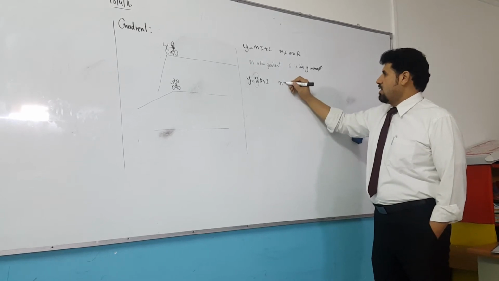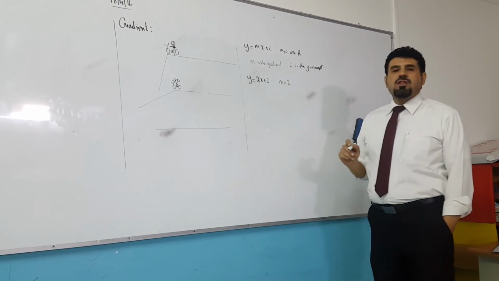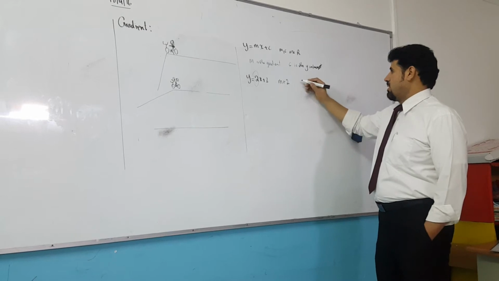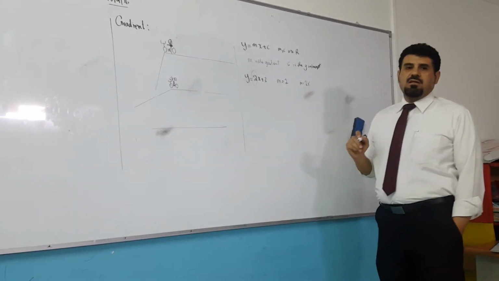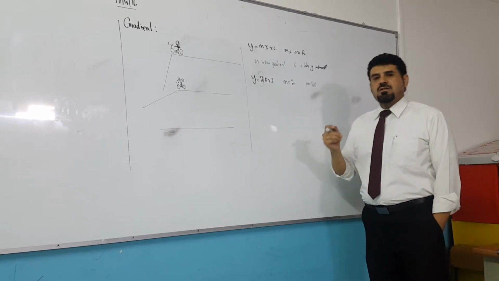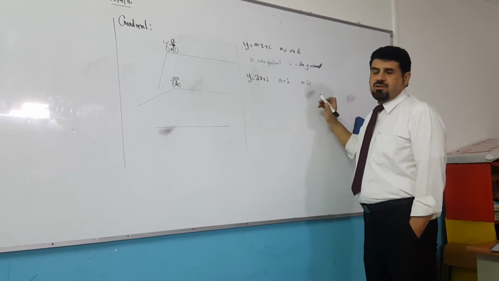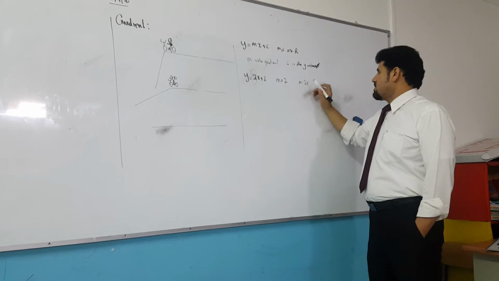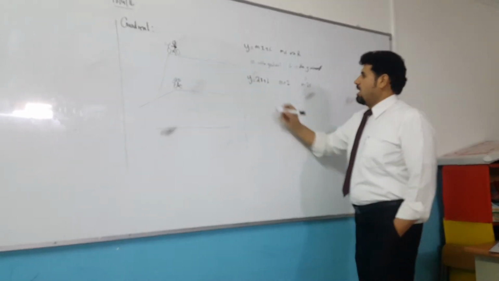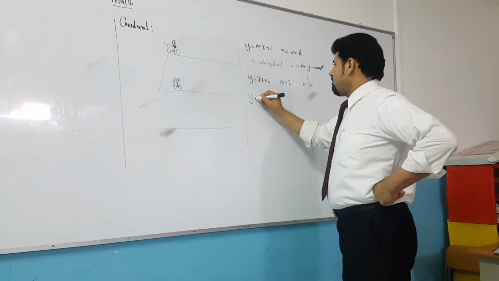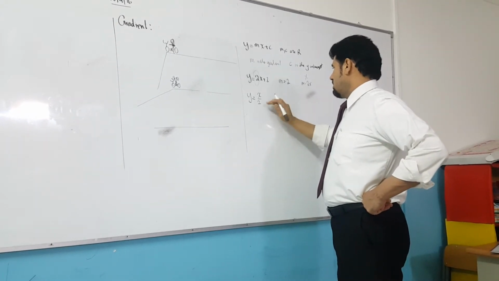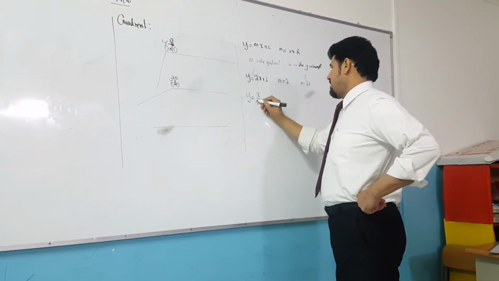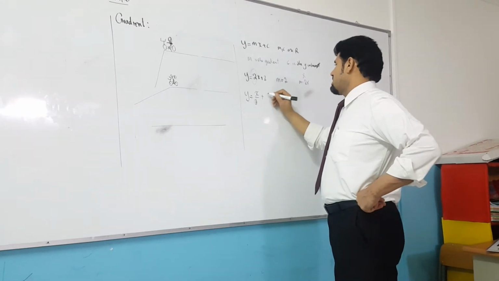So m will be 2 in this case. The common mistake is when people write m equals 2x. Okay, so the gradient should be a value, it shouldn't include any variables. So that's wrong.